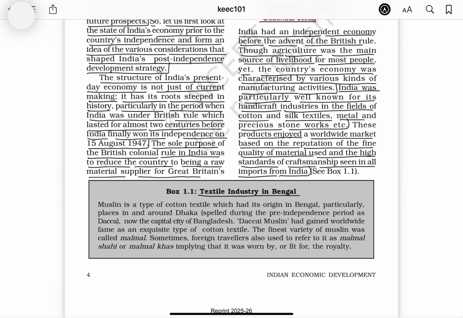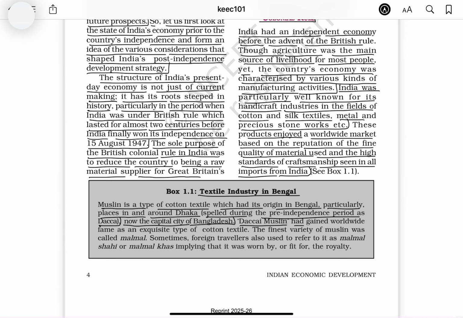Textile industry in Bengal. Muslin is a type of cotton textile which had its origin in Bengal, particularly in and around Dhaka, spelled during the pre-independence period as Dacca, now the capital city of Bangladesh.